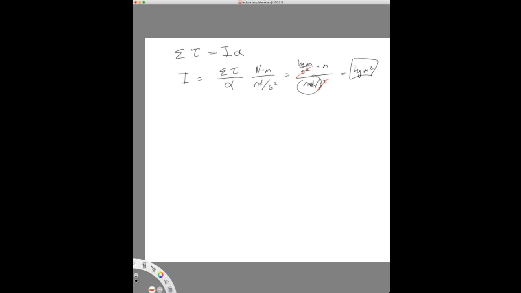Okay, so the first thing we can notice about this moment of inertia is it's related to mass, but it's also related to maybe the area of the object. So let's just do kind of a thought experiment.